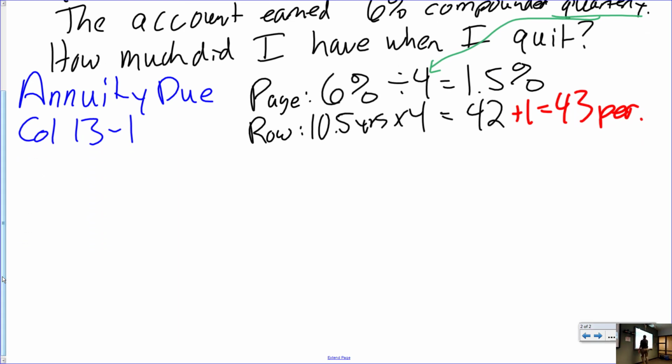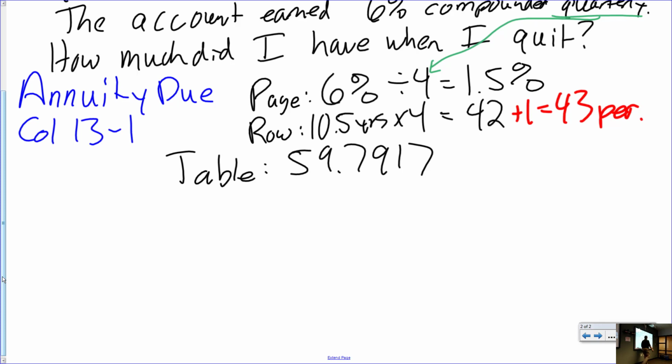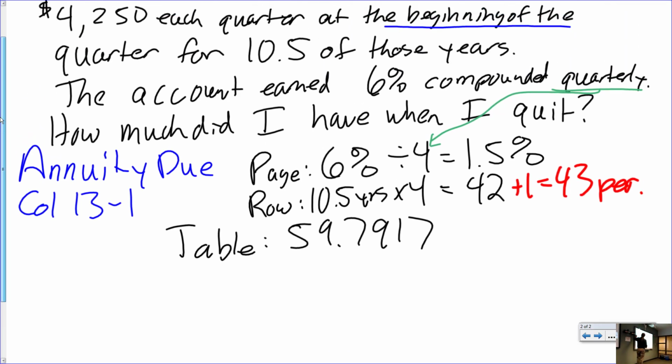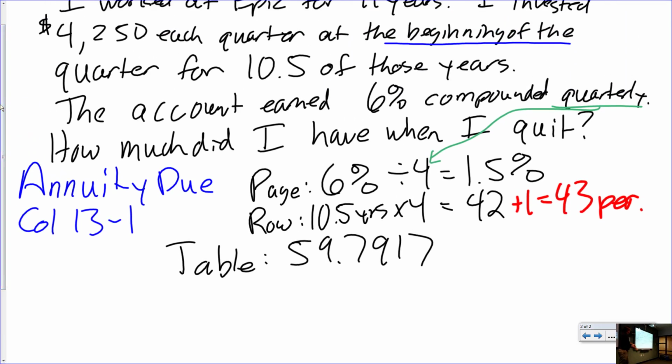what's my table value? $59.7917. What am I going to do with that number? Multiply by the 4250 I put in every quarter, right?